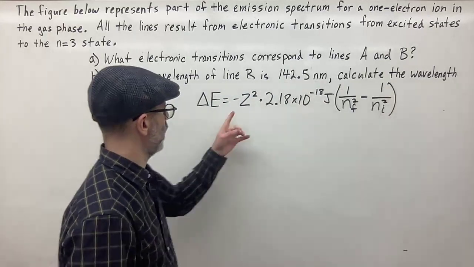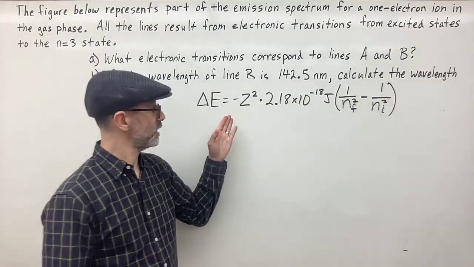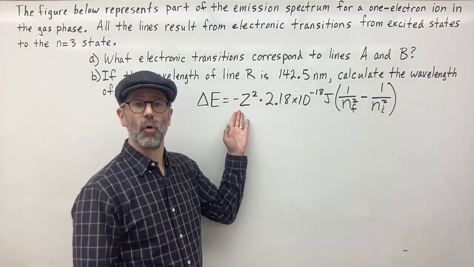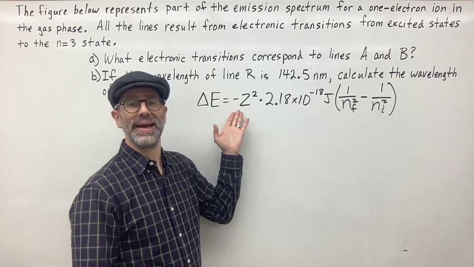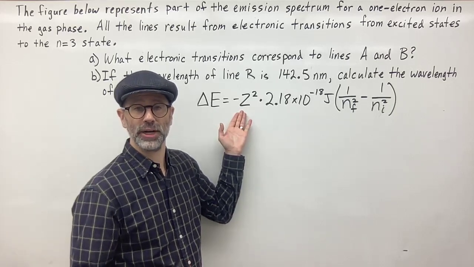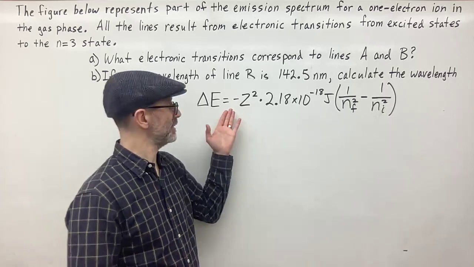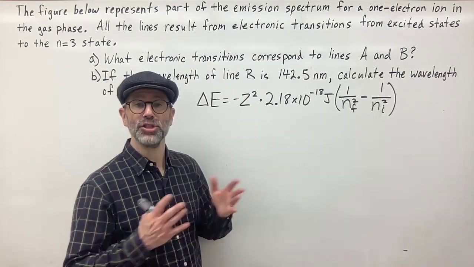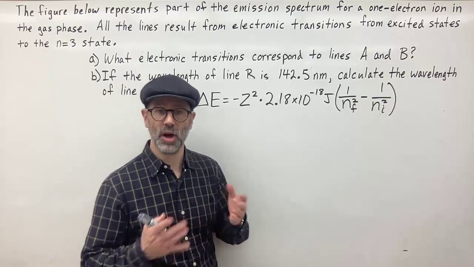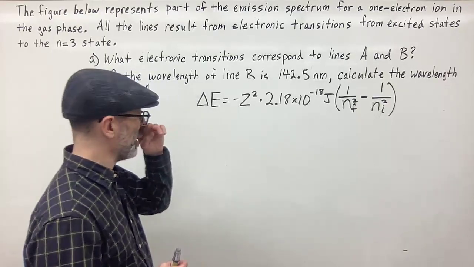And just to remind ourselves, Z is the symbol for atomic number. And atomic number, if you remember, is the number of protons in the nucleus. So basically, Z is the measure of the charge on the nucleus. So we call that the effective nuclear charge.